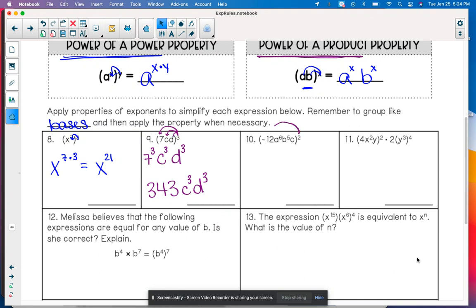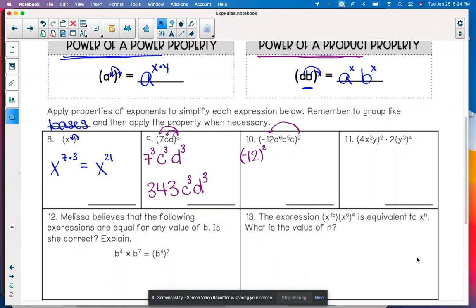So I'm going to distribute. I have negative 12 squared. Make sure that with any negative exponent or negative bases, you put them in parentheses. If you do not, it will give you an incorrect answer.